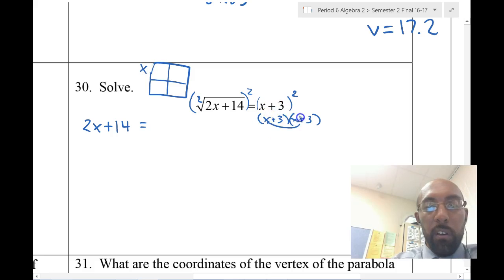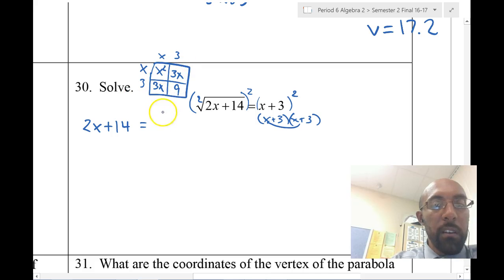With FOIL, you multiply the first, the outside, the inside, and then the last. But I like the box, so I'm going to do x, 3 here, x, 3 here: x squared, 3x, 3x, and 9. All I'm doing is multiplying everything. So the first term is x squared. And remember, the diagonal always adds up, so plus 6x, and then plus the last term, 9.